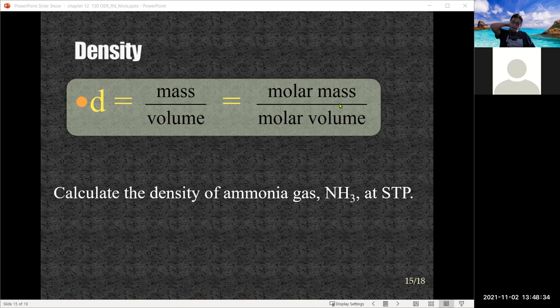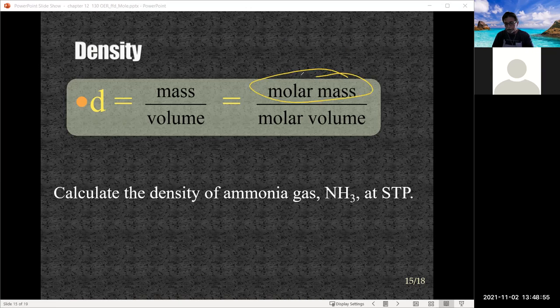With respect to gases at STP, we don't really have to measure anything, because we know that at STP, the molar volume, or 1 mole of gas, is equal to 22.4 liters. So we can do the following.